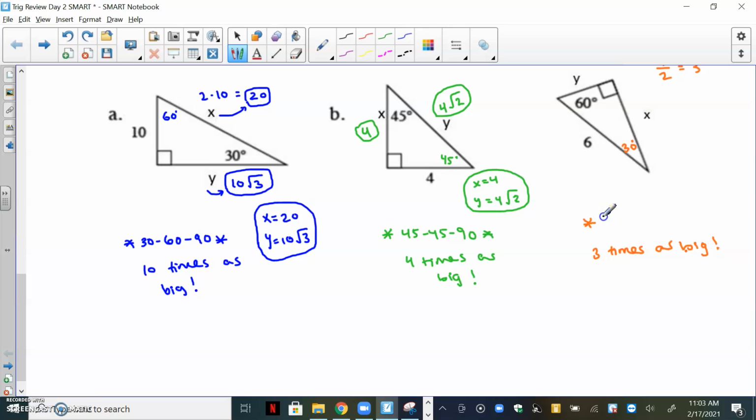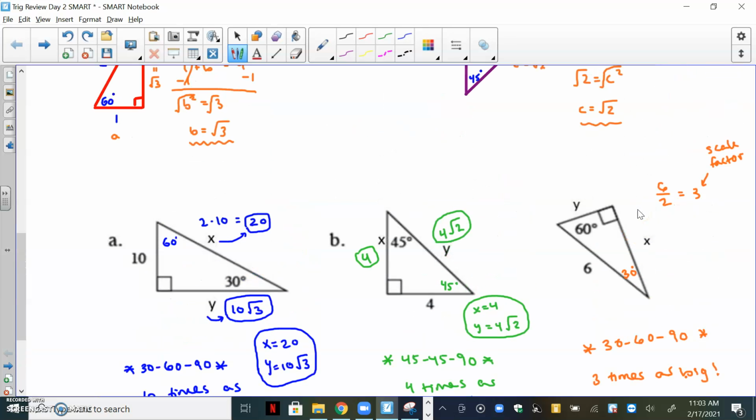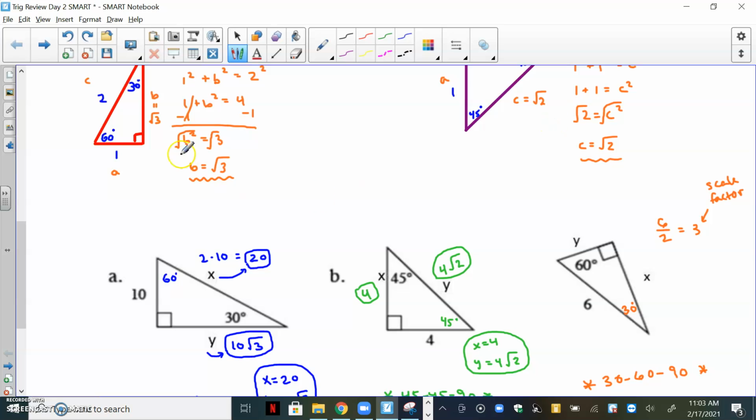Okay, and then we found out that it was a 30, 60, 90. I'll write that too. All right, so now we just have to take my original 30, 60, 90 and multiply all the sides by 3 to figure out the sides of the new one. So y matches with the 1 here, so 1 times 3 is going to be 3.